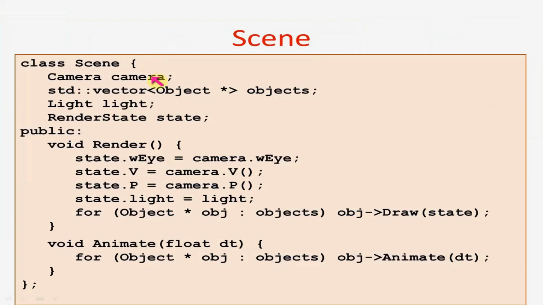A scene has a camera, a heterogeneous collection of objects, a light source, and it also defines this render state. Rendering means the initialization of the render state based on the parameters that are available directly from the scene, and then calling every object to draw itself based on the already initialized state.